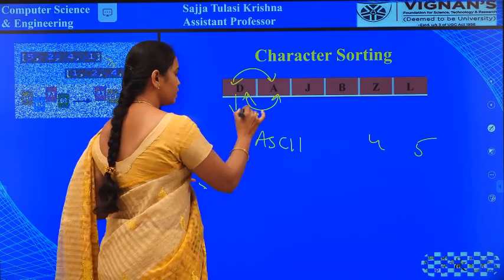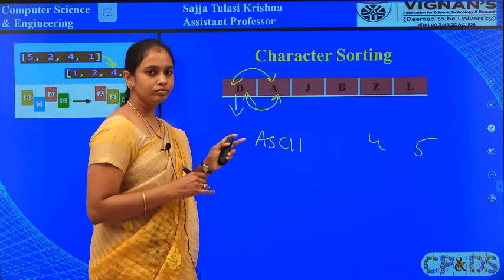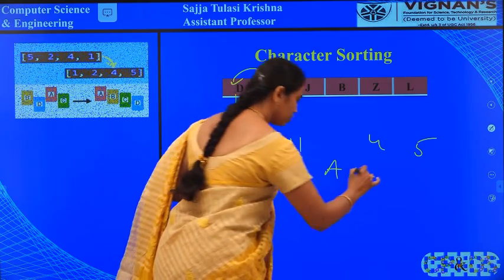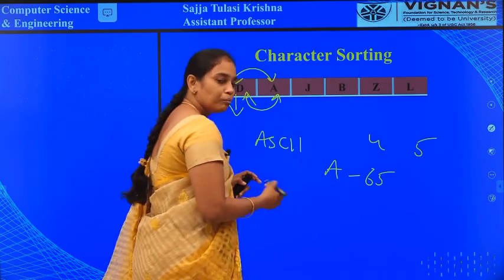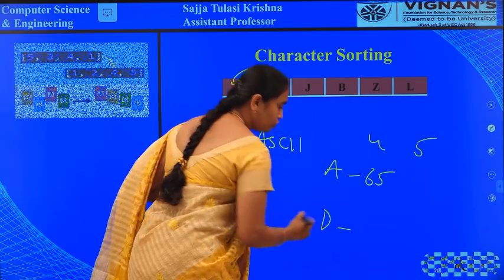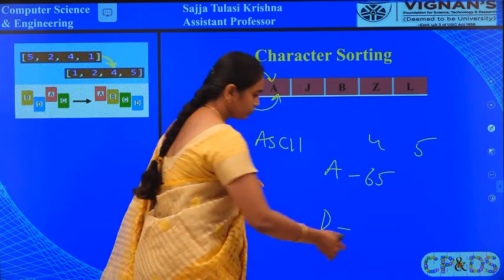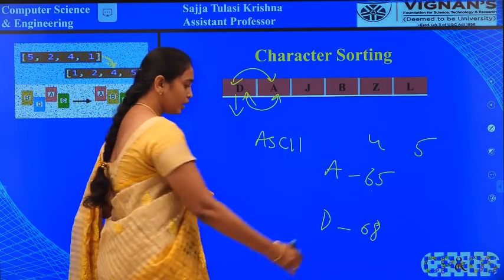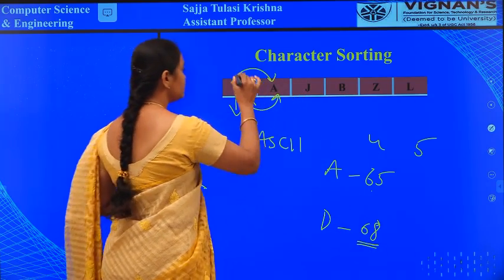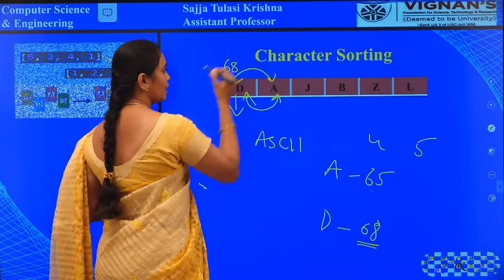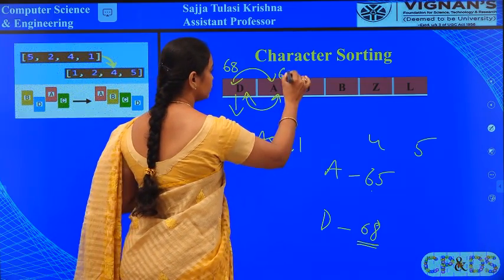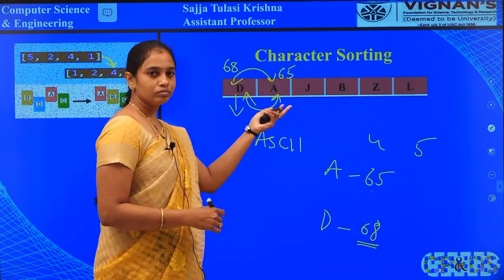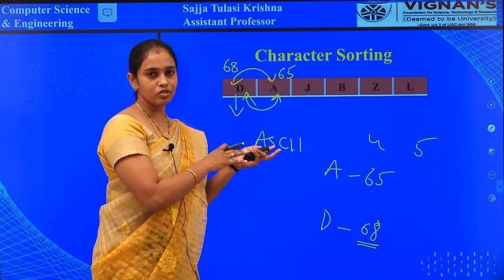So what is the ASCII value for capital D? What is the ASCII value for capital A? 65. And what is the ASCII value for capital D? 68. Is it right? So now the comparison is done with the ASCII values 68 and 65. Which one is greater? It is the same way as numerical sorting.